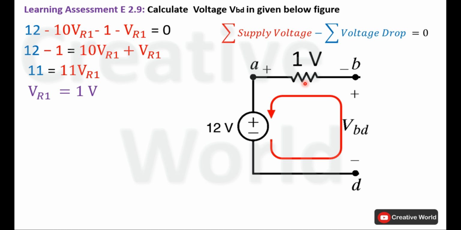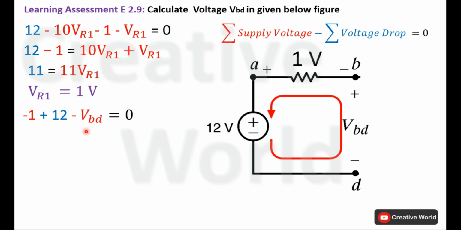Place all the voltage values into the KVL equation. Current is entering from the negative terminal of this resistive element, so the voltage of this resistive element will be taken with minus sign, minus 1 volt, and this current is entering from the positive terminal of this voltage source, so 12 volts will be taken with positive sign. And at the last, this current is entering from the negative terminal of this VBD that is required to be calculated, so this VBD will be taken with minus sign.